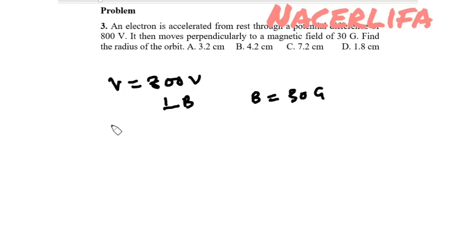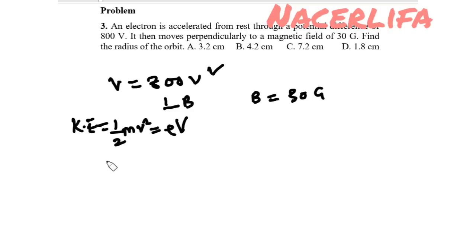And of course, as it's moving, it's having kinetic energy. The formula for kinetic energy is half mv square, and of course it is equivalent to eV, electron volts. So this is an expression for energy. Another expression for energy is charge times potential. So let's find an expression for the velocity, because what we know now is the potential.